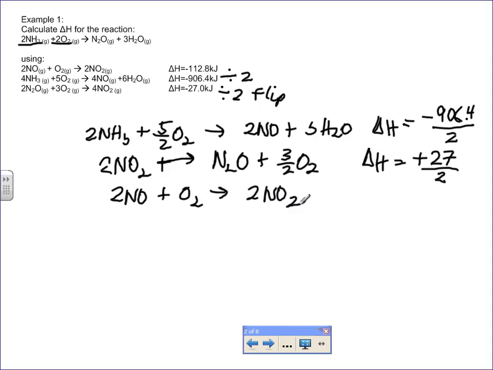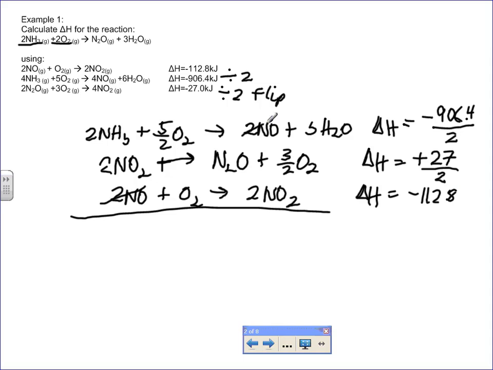And it's also going to simplify the 2NO2 that I've got here. So this is one of the more challenging additive reactions involving an extra reaction that's used to cancel things out rather than to actually obtain the reactants and products that you want.